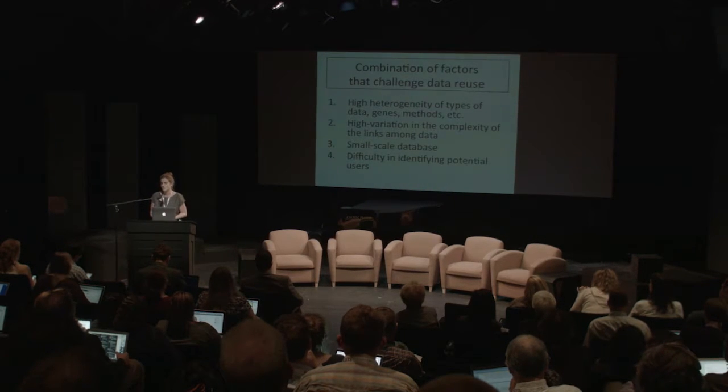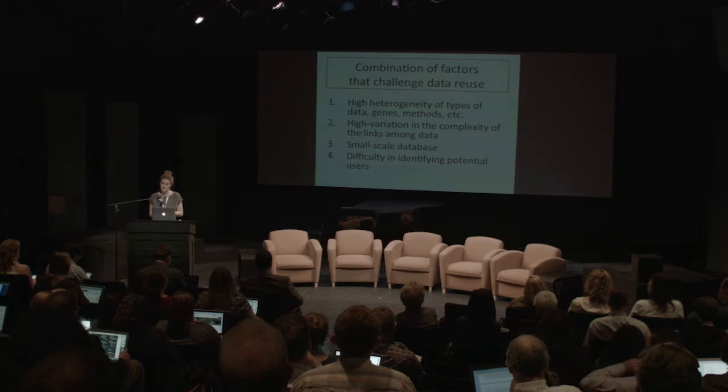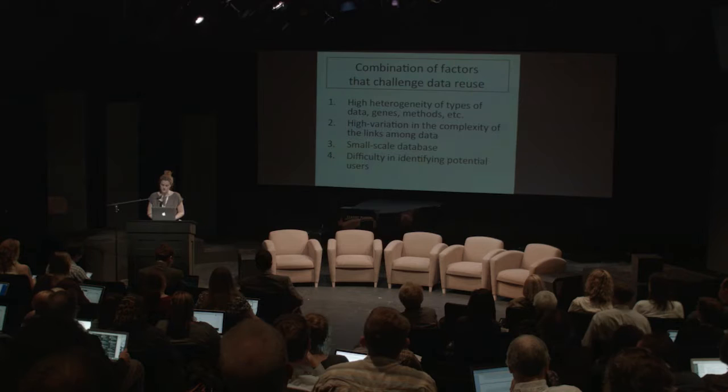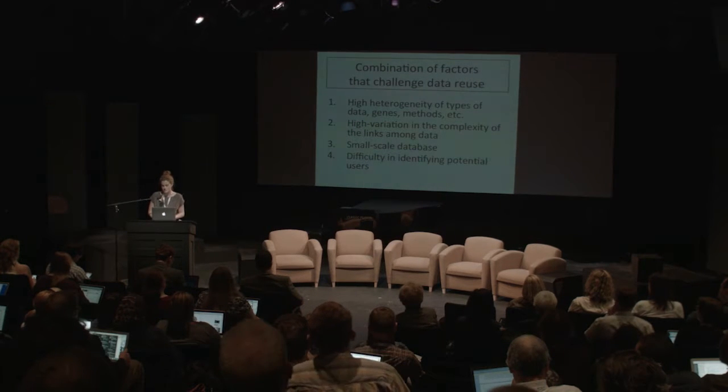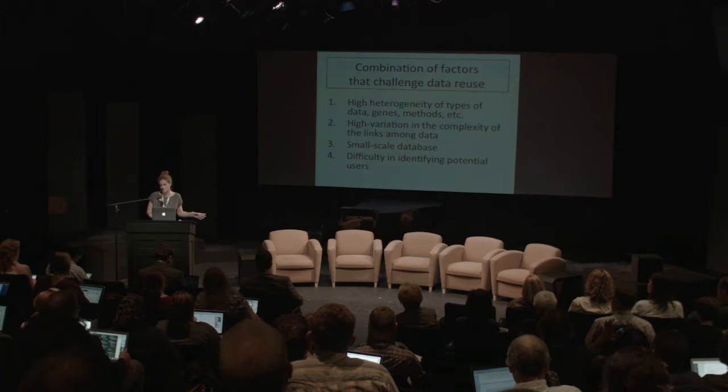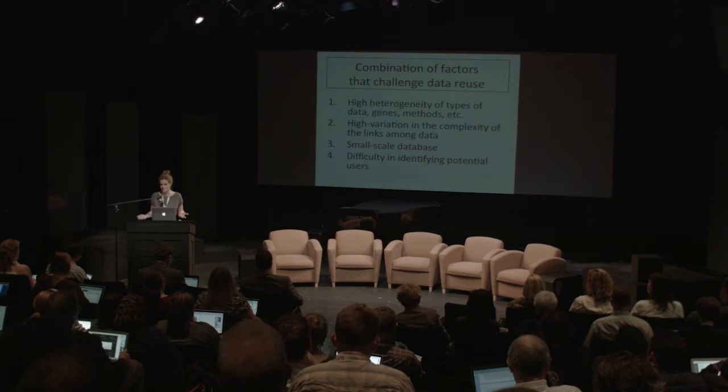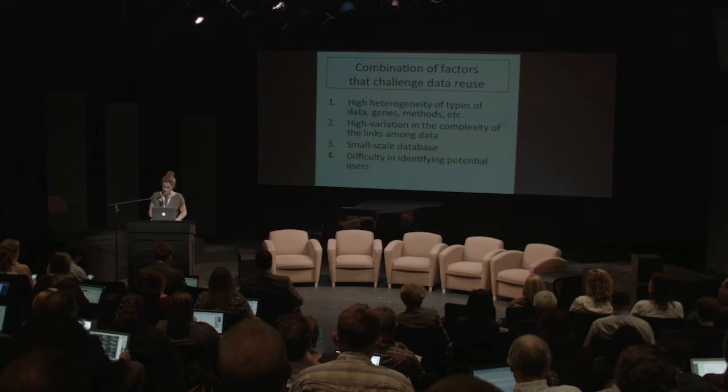Okay, some preliminary findings. What I'm observing is that there is a combination of factors that is making the reuse of this data pretty difficult, pretty challenging in this community. What is important to keep in mind is that it's not just one of these factors complicating the use of this data, but the co-presence of all these factors together that is complicating the reuse of the data. So first of all, not very surprising, the high heterogeneity of the data produced by the community.